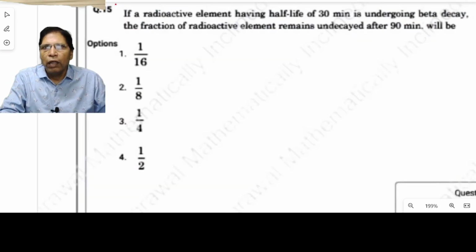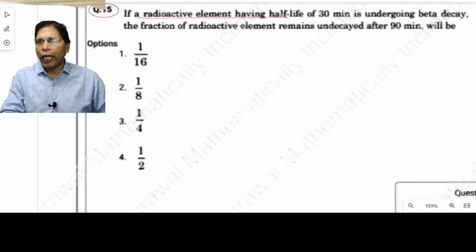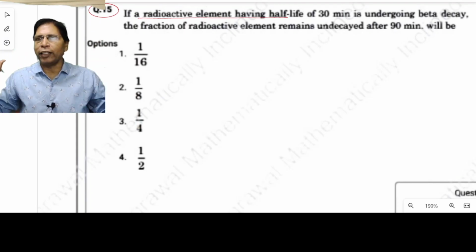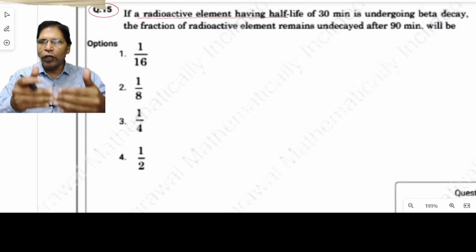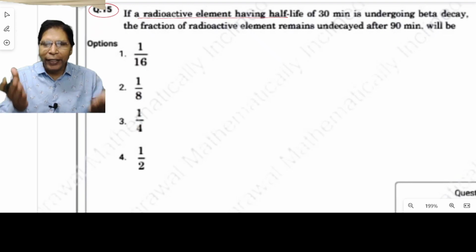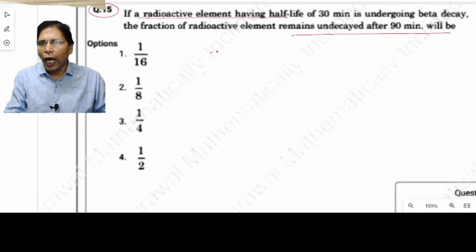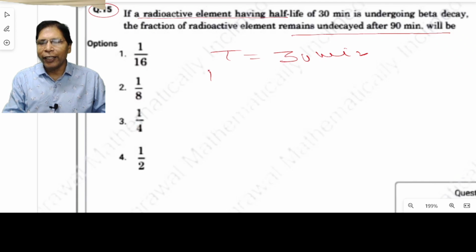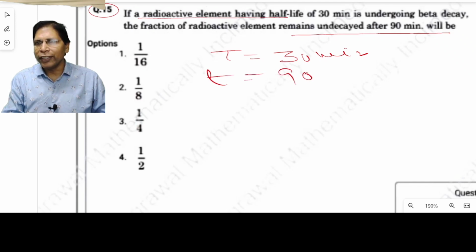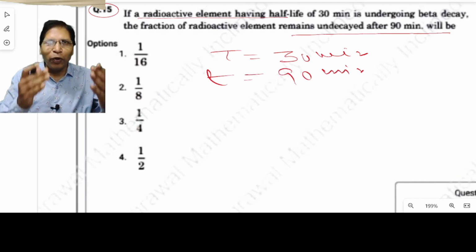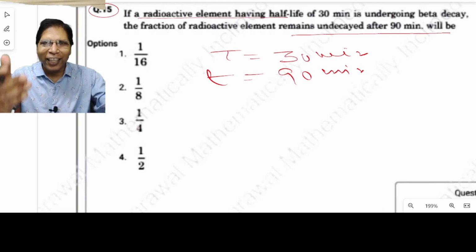Okay. Now question number 15. A radioactive element having half-life 30 minutes is undergoing beta decay. The fraction of radioactive element that remains undecayed after 90 minutes. Look at this. Half-life T equal to 30 minutes. Here time t equal to 90 minutes. Therefore, number of half-lives is the total time divided by half-life.